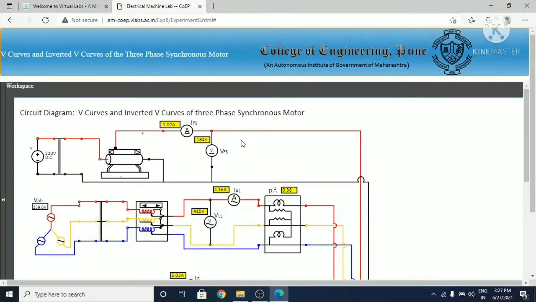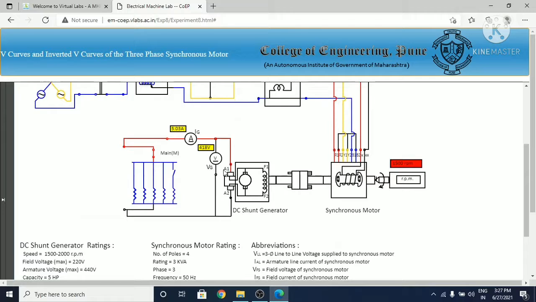This is the overall circuit diagram for the V curves and inverted V curves of the three-phase synchronous motor at loaded condition. It's the same as the previous one; the difference is a pure resistive load added to the synchronous motor with the help of this DC shunt generator.